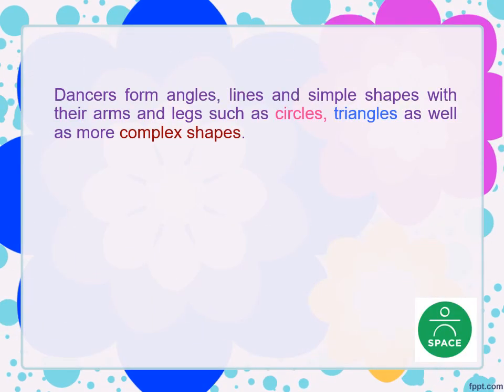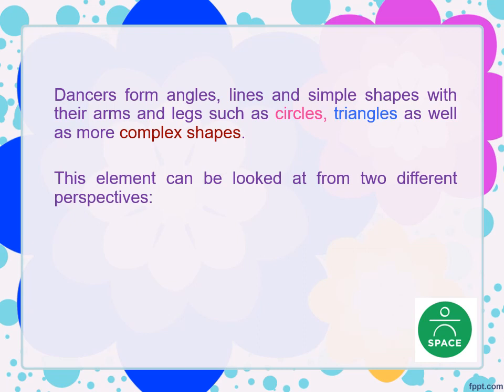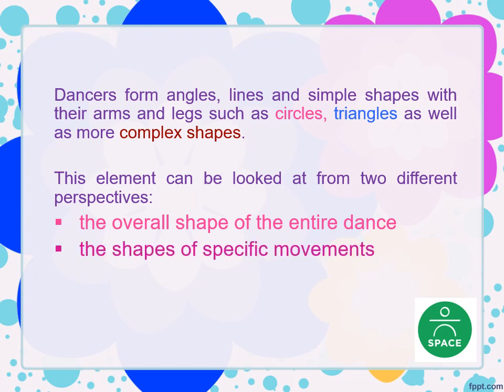Dancers form angles, lines, and simple shapes with their arms and legs, such as circles, triangles, as well as more complex shapes. These elements can be looked at from two different perspectives: the overall shape of the entire dance, and the shape of the specific movements.